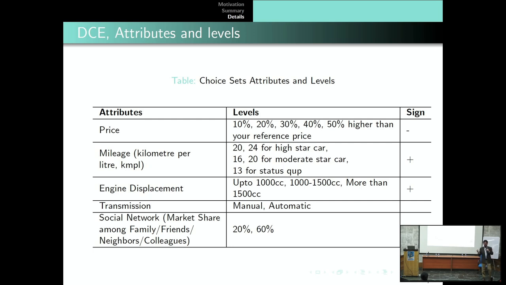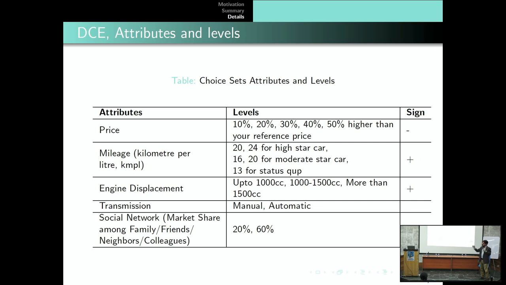So we decided to go for this. That is an important decision you will have to take when you do your discrete choice experiment. Do you put the prices in levels, like I just said, in rupees or dollars or pesos? Or for a reason, you decide to present them as percentage changes?